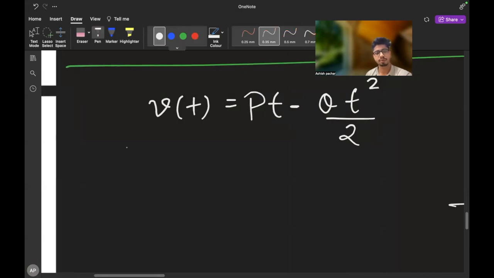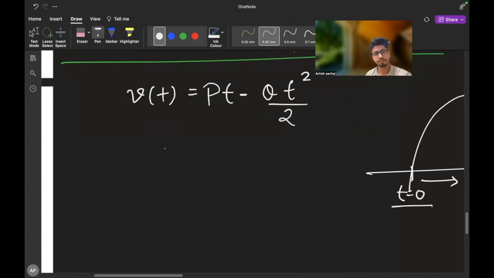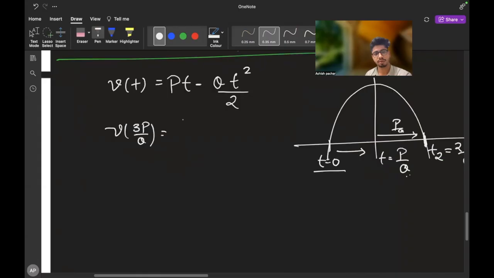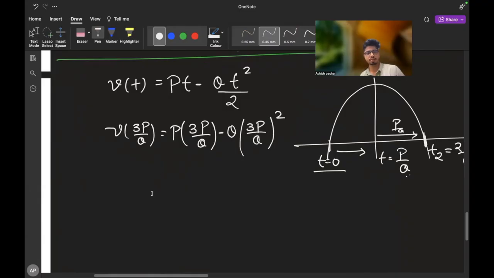So if I plug in 3p by q into that function and find it out, its value comes out to be... 3p by q, 2q, is 2 there?